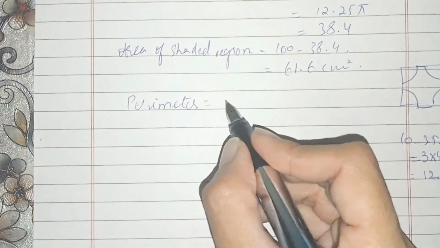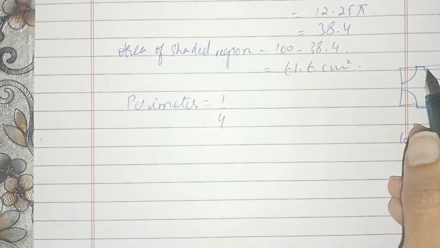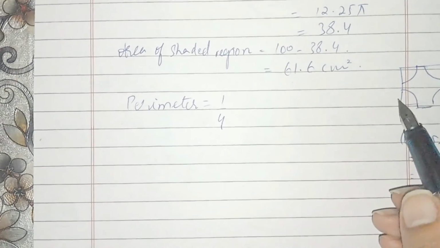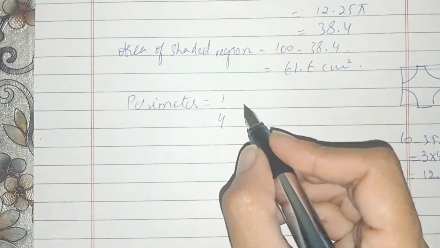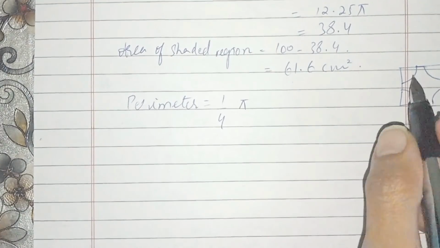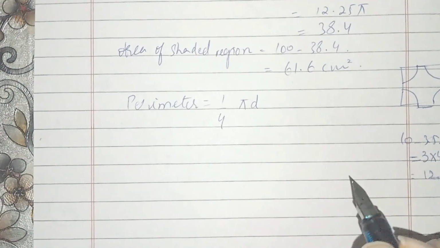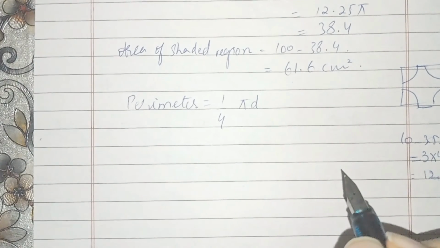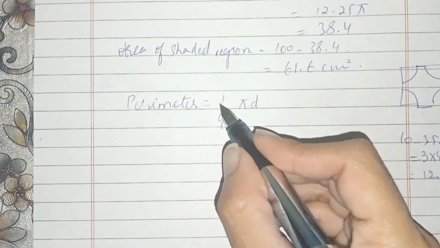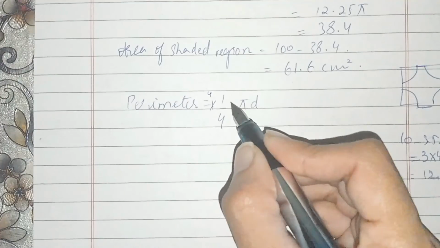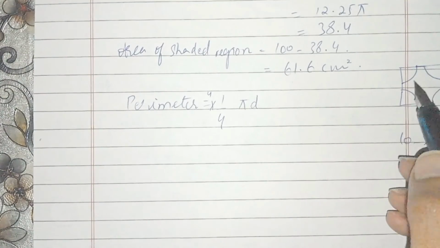We also have to find the length of these arcs, which is equal to 1 by 4, because this is the circumference of a quadrant, 1 by 4, and the formula of circumference of a circle is pi d. Pi d, and we have to multiply it by 4 because we have to find the value for 4 quadrants.